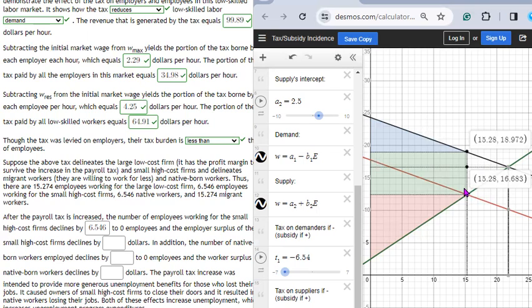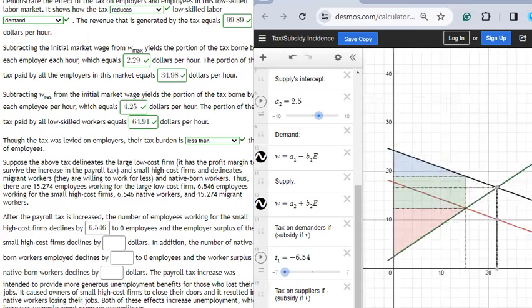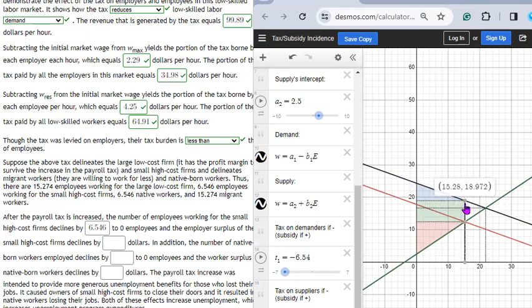But these firms are all put out of business because they can't afford the higher payroll tax. Their margins are small, right? So they're put out of business. Okay, so this triangle represents two things. It represents their initial.